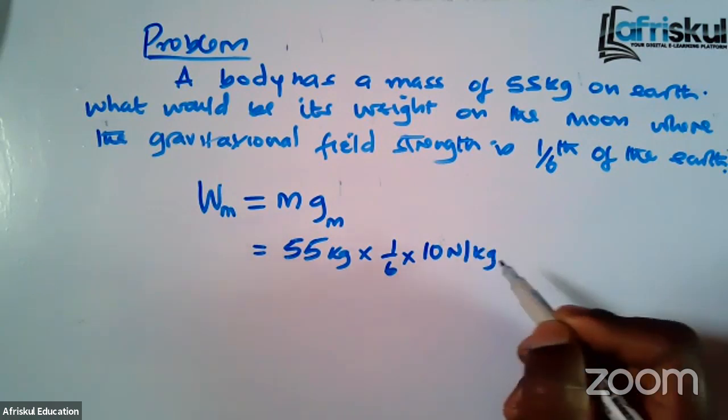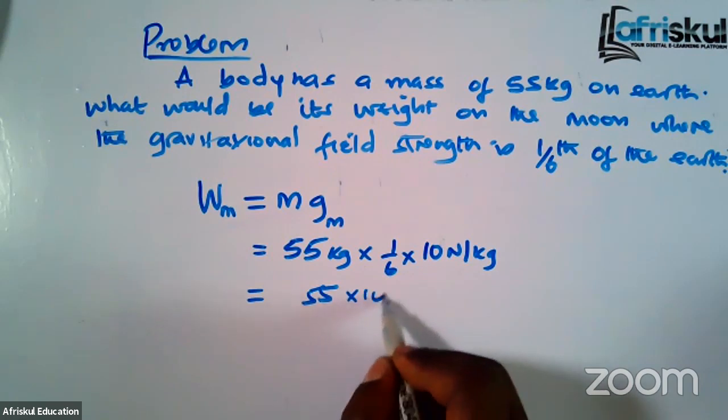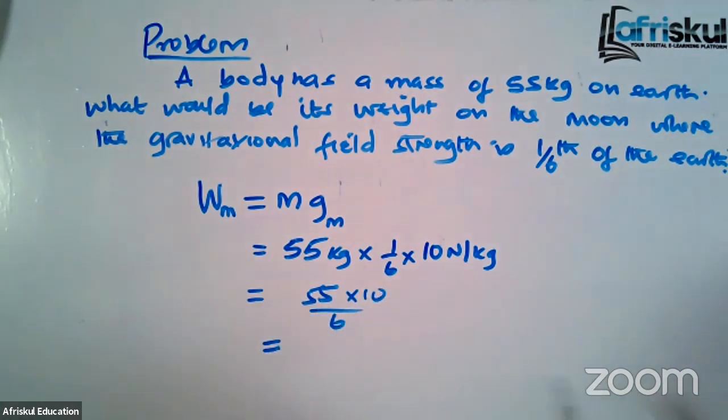per kilogram. So you will have to work out 55 times 10/6. And that one, when you work out it's going to be 550/6. So when you work out, it's going now to give you the weight on the moon. And whatever value you're going to get here, I'd want you to work it out yourself, but whatever value you're going to get is going to be in newtons.